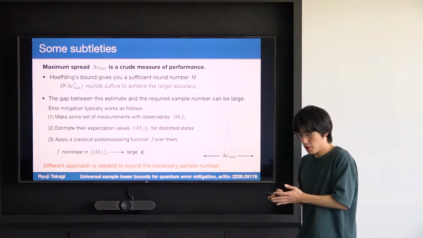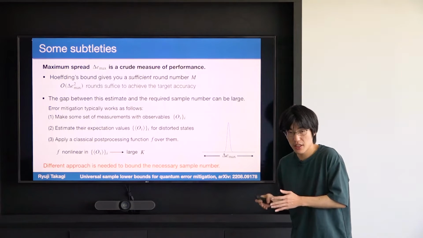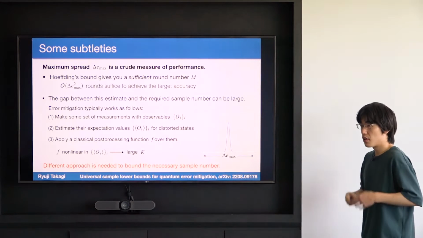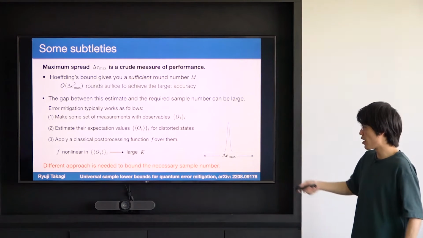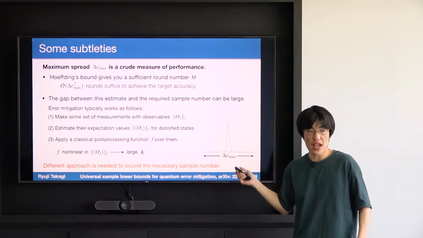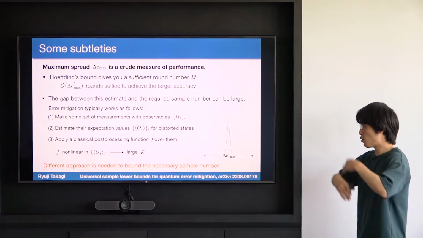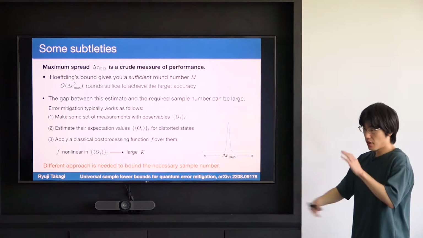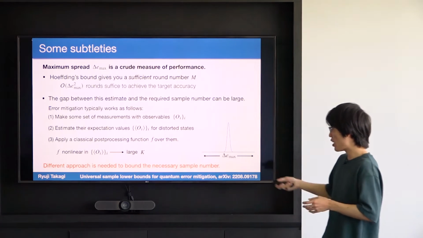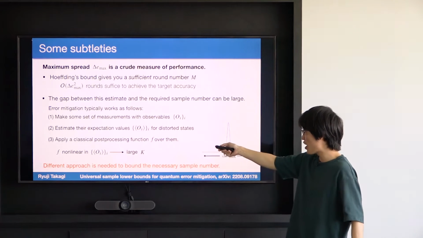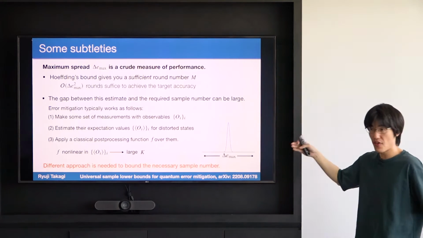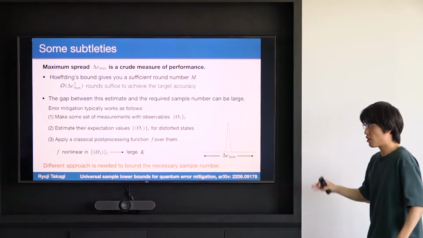So if you want to characterize that in our framework, then this corresponds to the scenario where this number of experiments k is very, very large, because this one round has to take into account all the samples to estimate these expectation values, and that leads to a very large k.